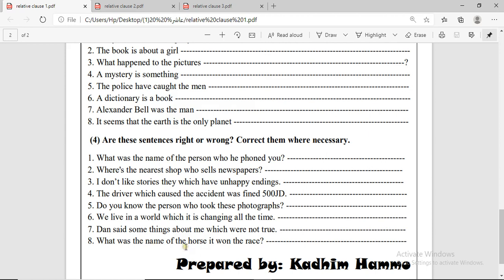What was the name of the horse who won the race? Or which won the race? Which is correct? Yes, which. What was the name of the horse which won the race? Thank you. Okay, don't forget the homework. We will go to the next worksheet.